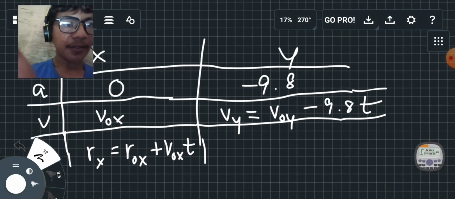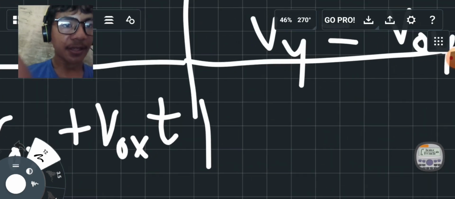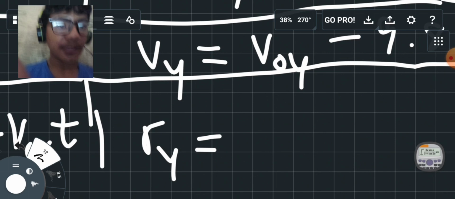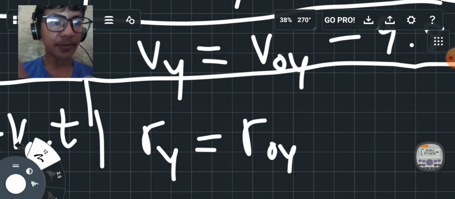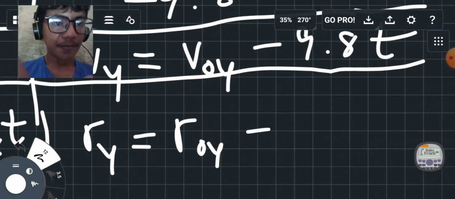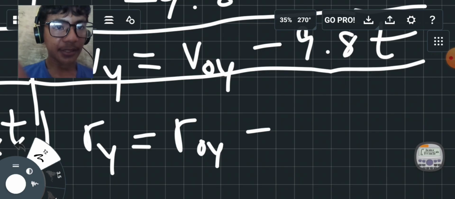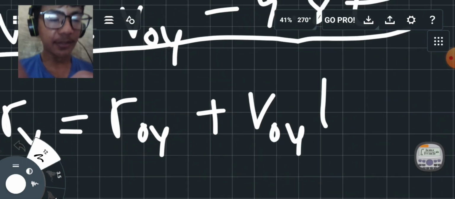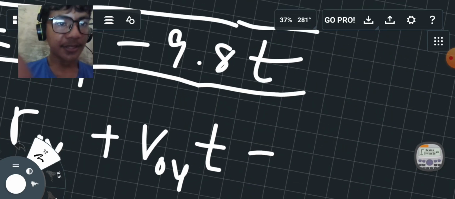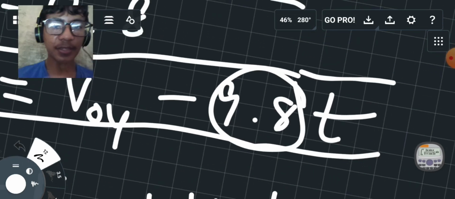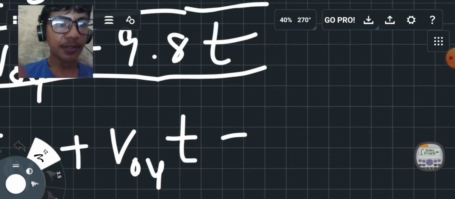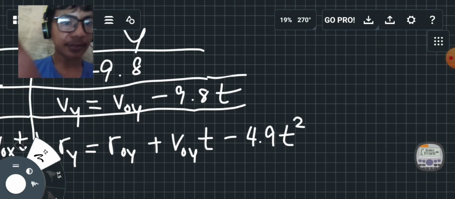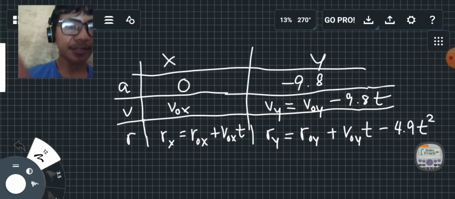And in the y direction, that is given by r sub y, which is r sub y naught plus v sub y naught t minus, we divide 9.8 by 2, so that's negative 4.9 t squared. Alright, so that's that.